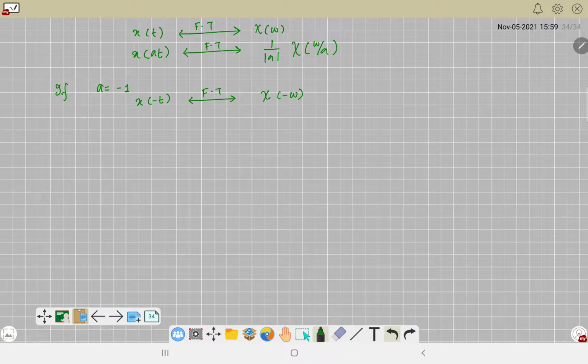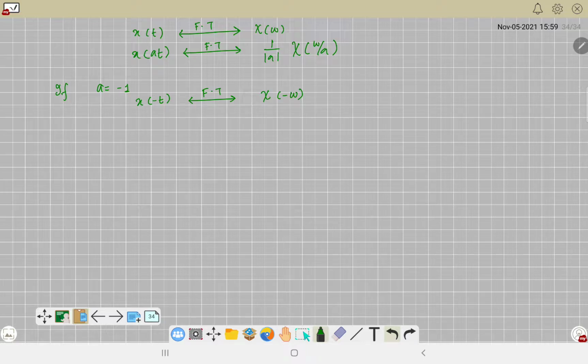Now this is similar to what we had for time reversal in Fourier series, where we saw that coefficients get time reversed. So here your frequency axis will also be reversed. So x of minus t will Fourier transform to X of minus omega. Okay? So these were the three properties.